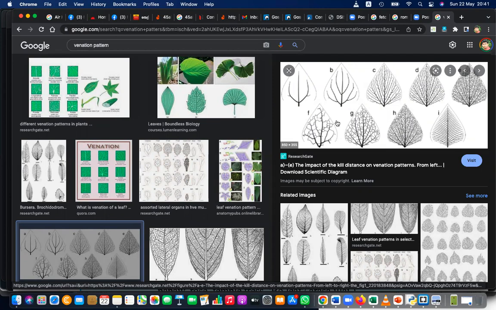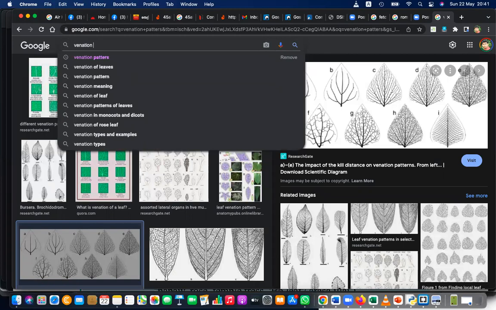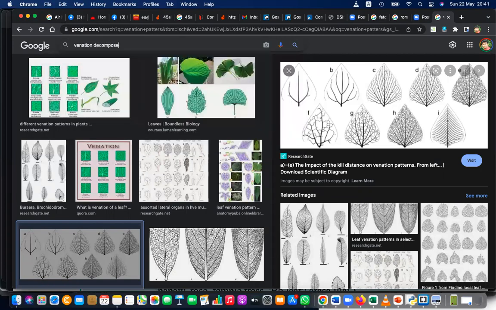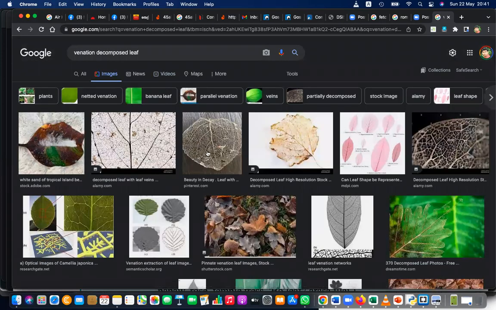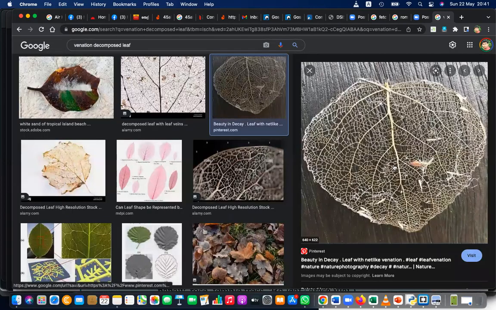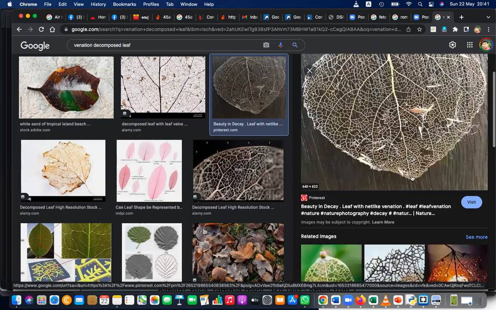The venation is highlighted because when a leaf decomposes, the final part to decompose is the venation. If you see a decomposed leaf, ultimately the venation remains, because it is hard and will decompose slowly.